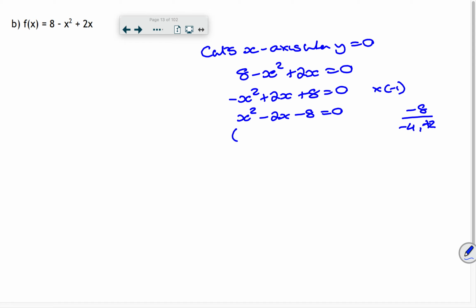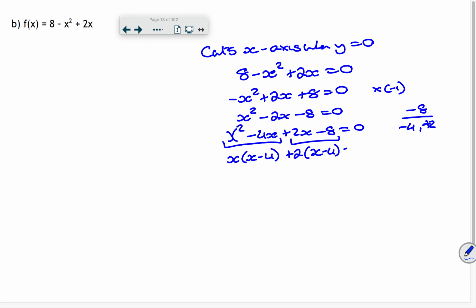So that would be x squared minus 4x plus 2x minus 8 is equal to 0. Many common factorise. So that'll be x bracket x minus 4 plus 2 bracket x minus 4 is equal to 0.